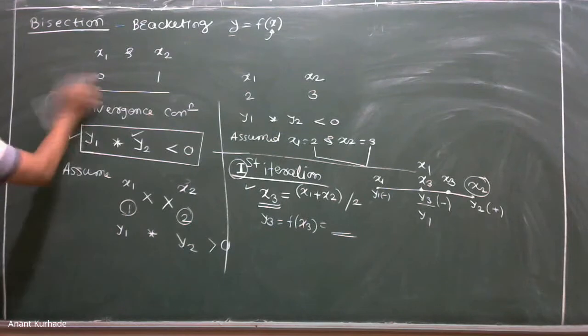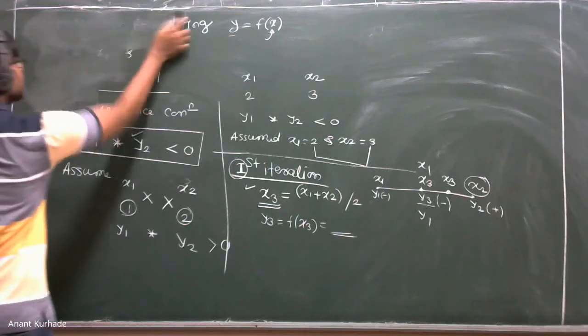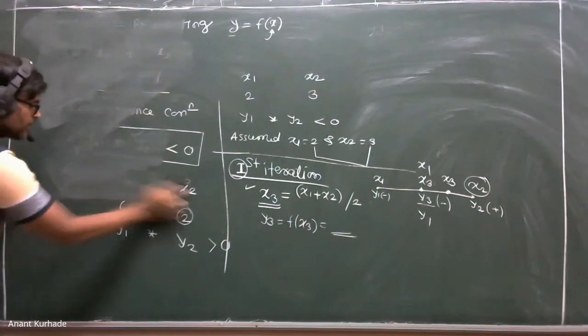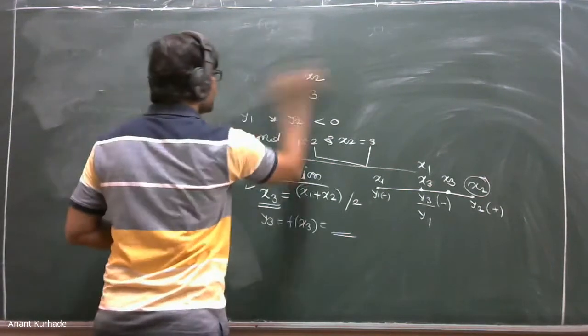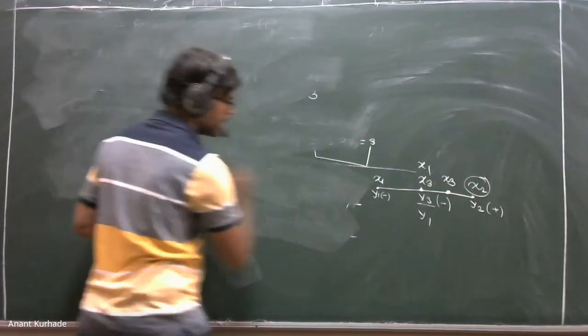Now one numerical based on this bisection method. It is very simple. Write down that numerical; a calculator will run with you, and this calculation is important.